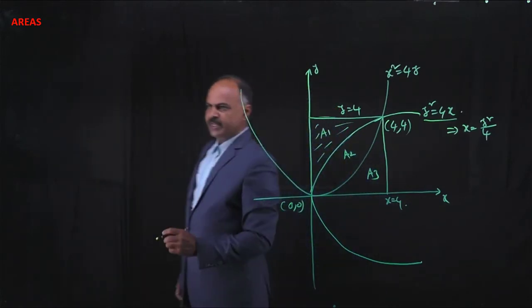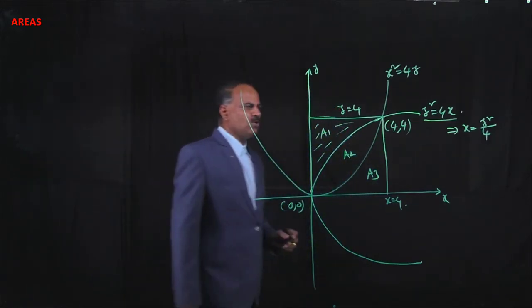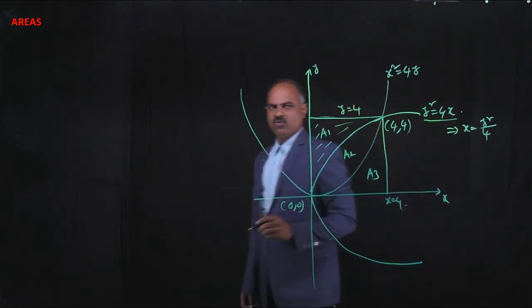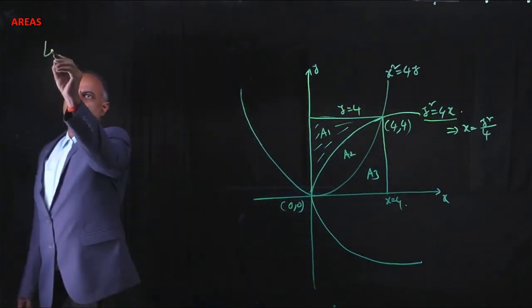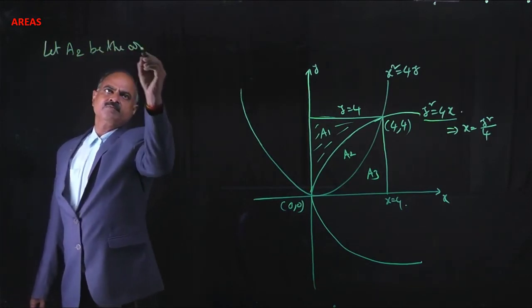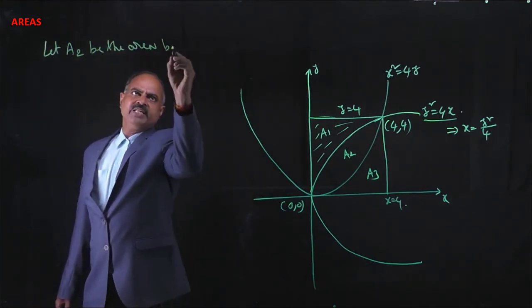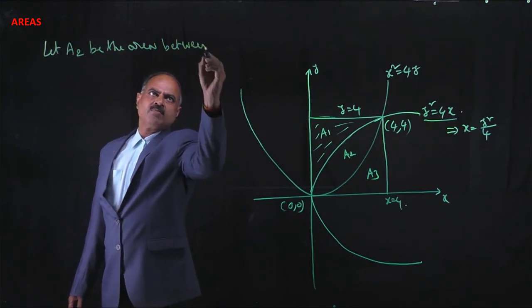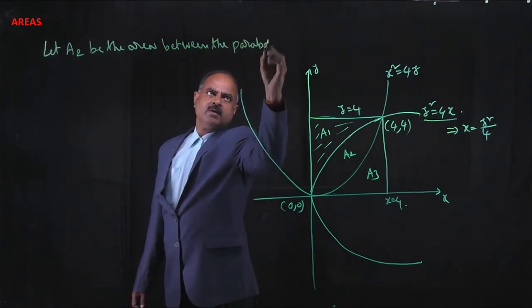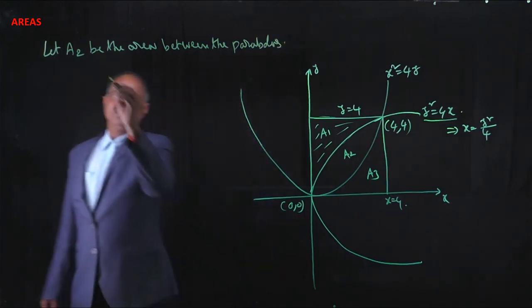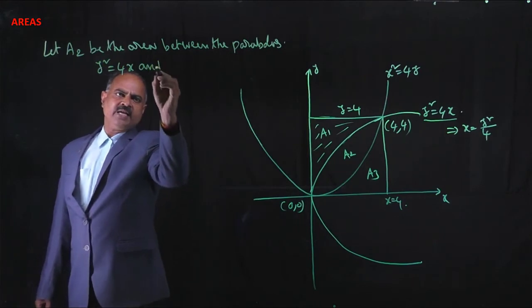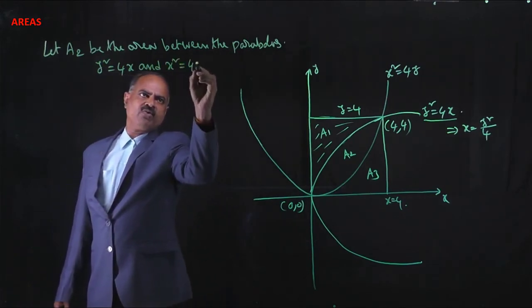Let A2 be the area between the parabolas y square equal to 4x and x square equal to 4y.